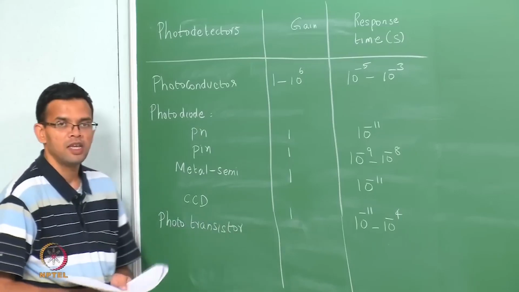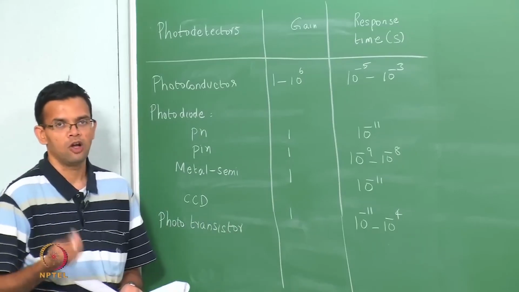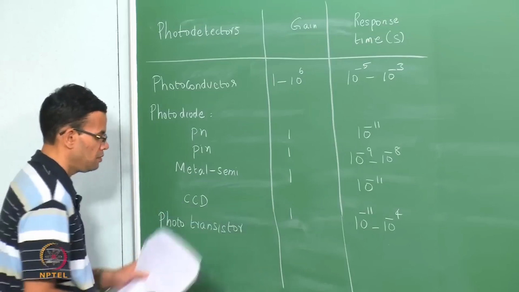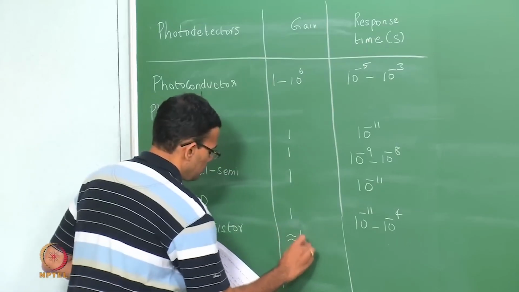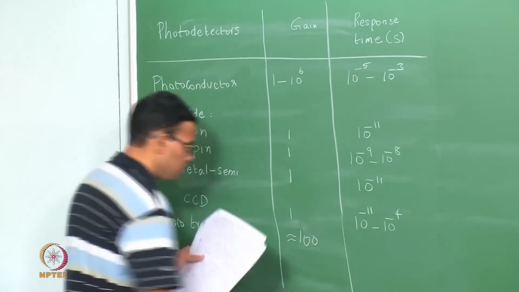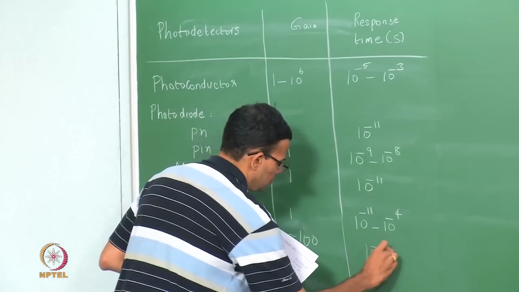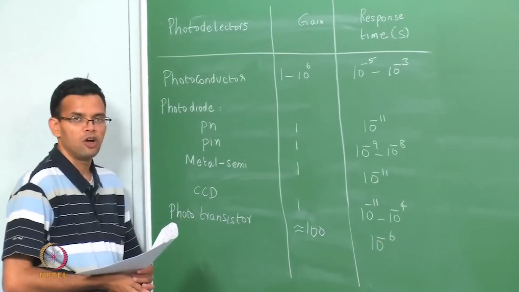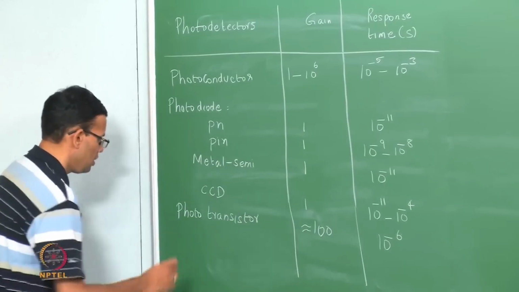One of the advantages of a transistor is that it is always possible to have some gain, and the response time is of the order of microseconds.